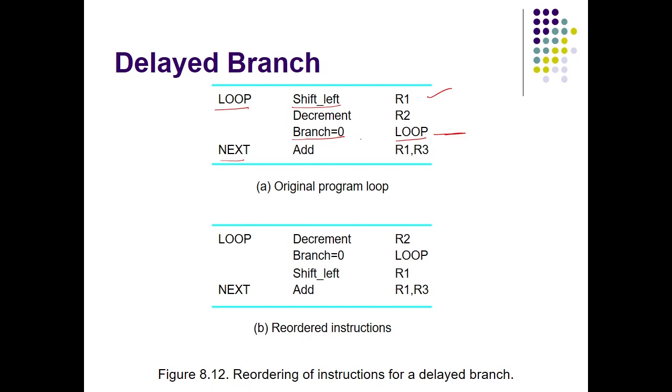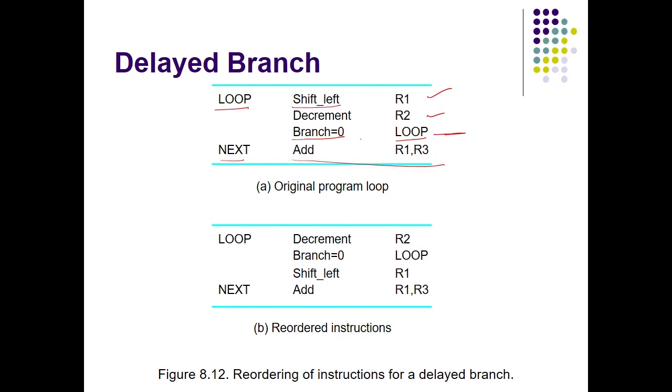Let us understand what these four instructions are basically doing. Decrement is used as a counter. Let us say the R2 value is 5, and we shift R1 left, then decrement and check whether the value of R2 is 0 or not. If R2 is 5, it will loop 5 times, that is all. It is simple, and the loop is repeated. After that there is the instruction add R1 R3.